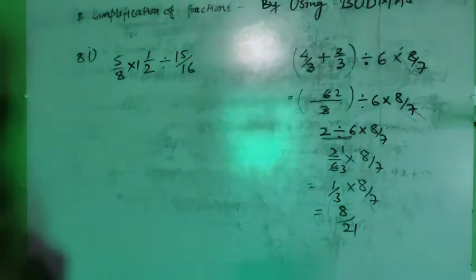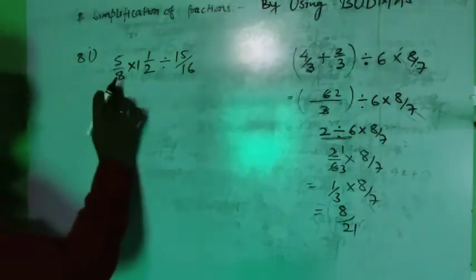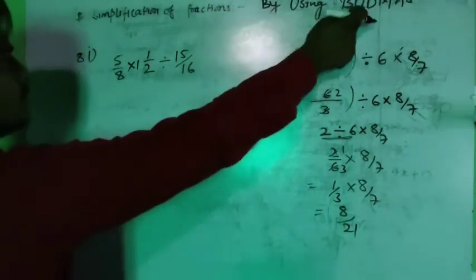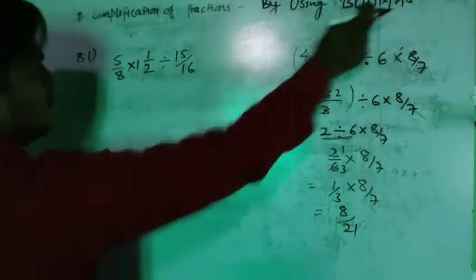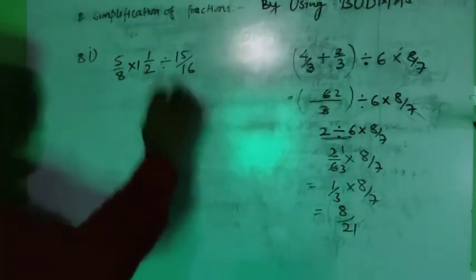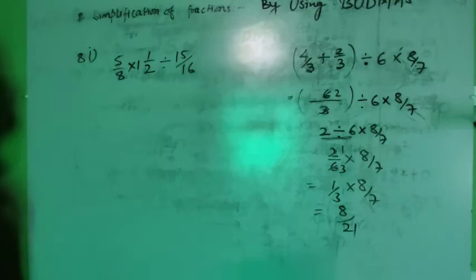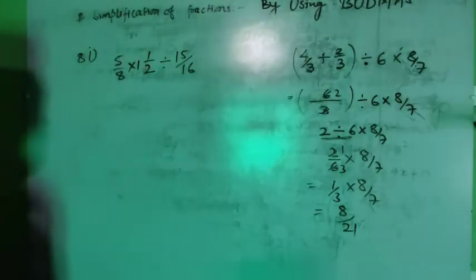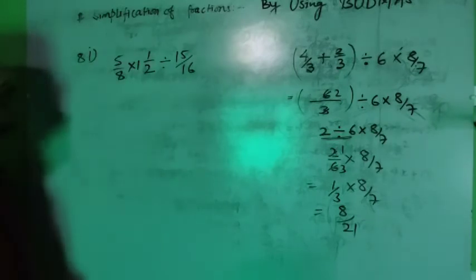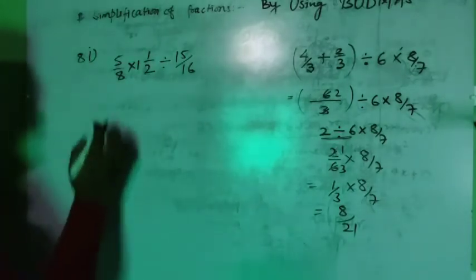So to solve this, again there is no bracket, just focus here, there is no bracket, there is no of. Now division, yes. Multiplication, yes. So first divide, then multiply. So before doing this, first convert the mixed fraction if there is any in the question. If there are mixed fractions in the question, we will first convert them into improper fractions.